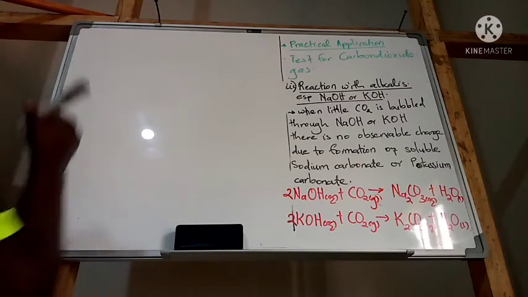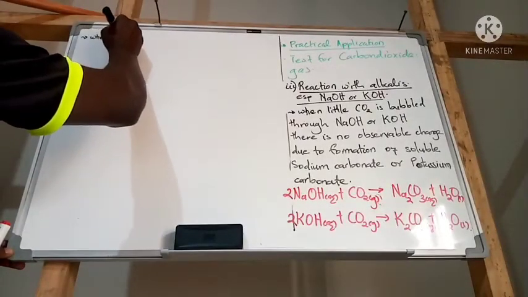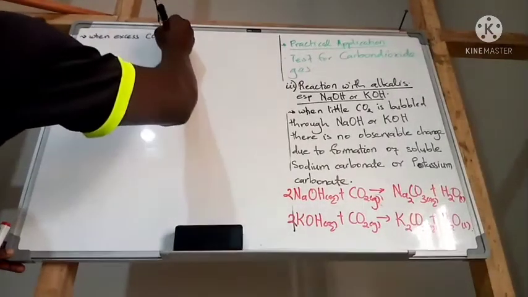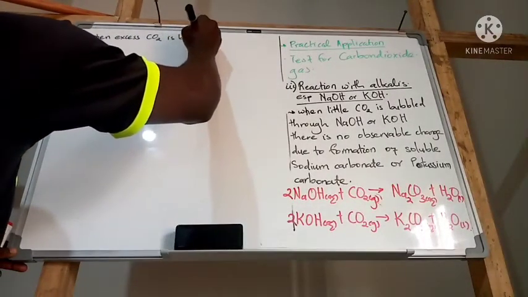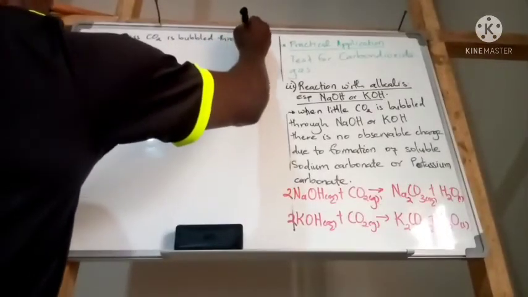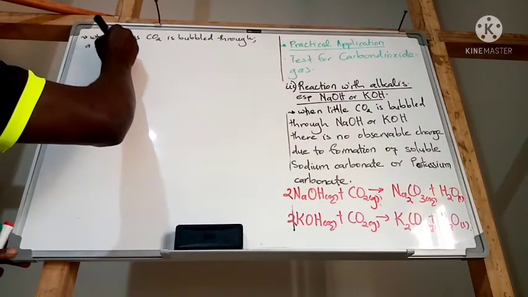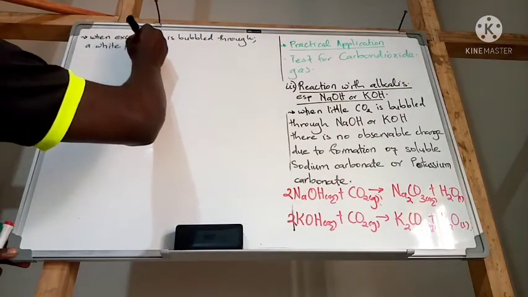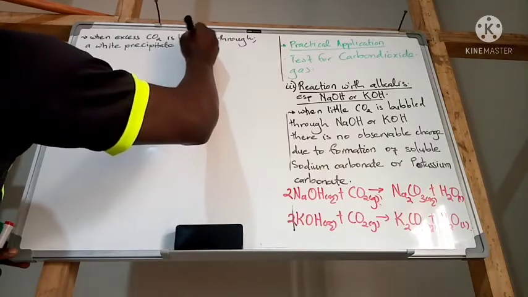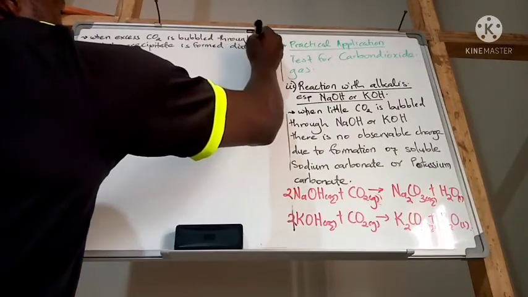As we continue, when excess carbon dioxide is bubbled through, a white precipitate is formed. Why?